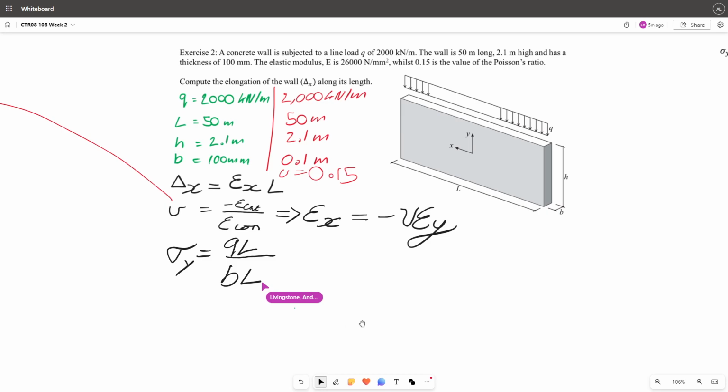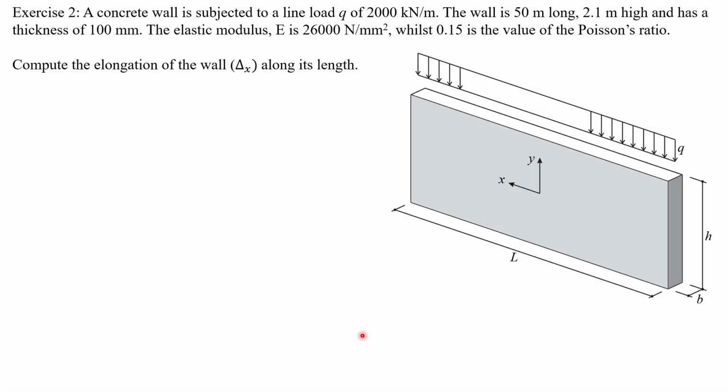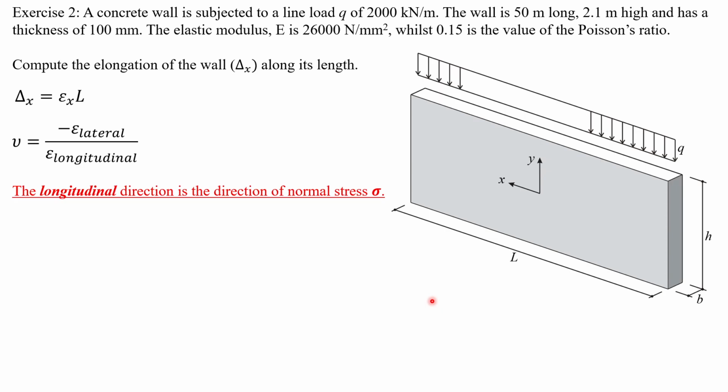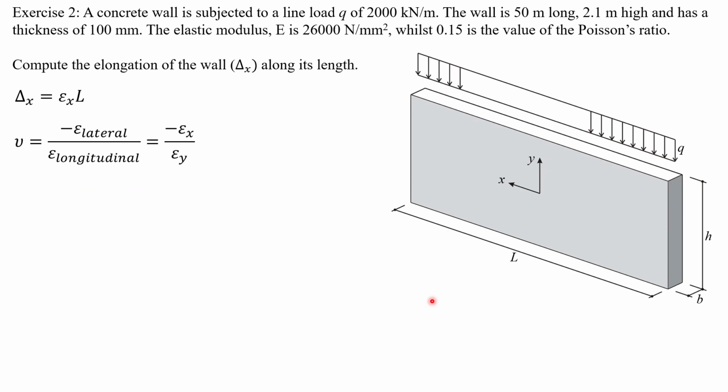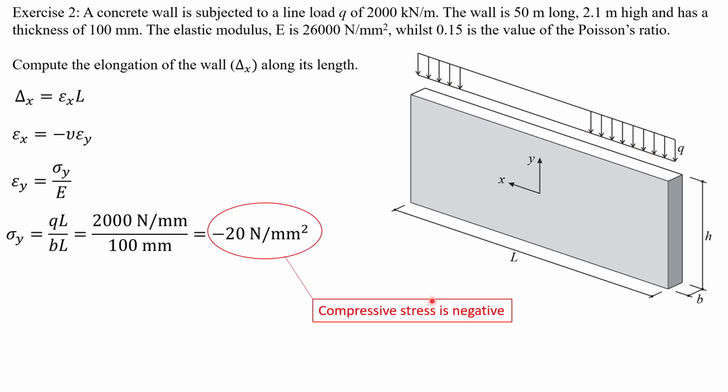What we'll do is we'll go back to this then. So if we write down what it is we're trying to find, delta x, that we've got so far. And now that we've got strain, stress in the y direction, the vertical direction, is Q times L, which is the force, divided by the area, which is B, the breadth, times the length.